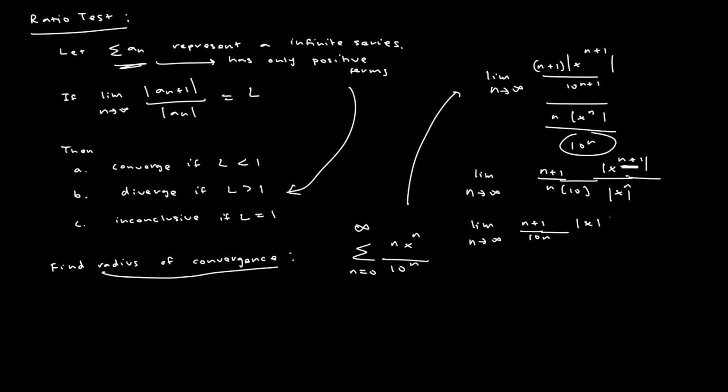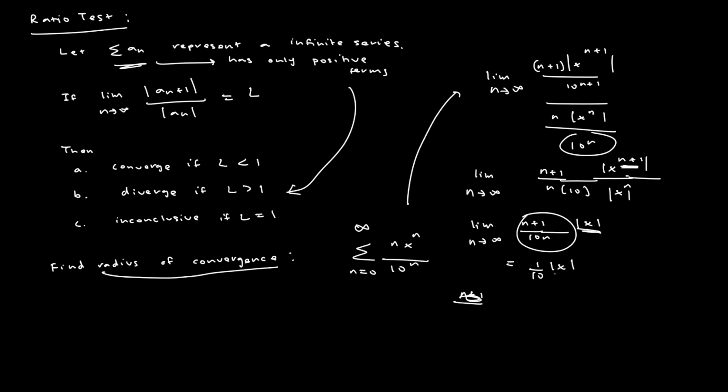And the ratio test tells me that I need this value to be less than 1 for convergence. So as n tends towards infinity, this limit will go towards 1 over 10 times the absolute value of x, since this fraction tends towards 1 over 10, and then we have the absolute value of x left over, because that doesn't depend on n.